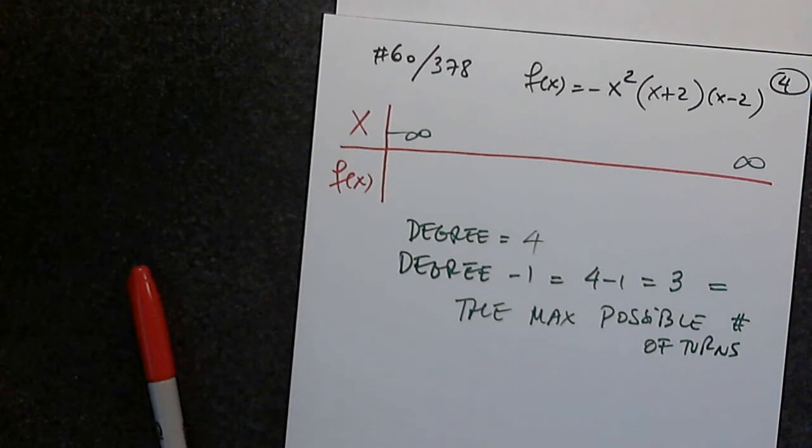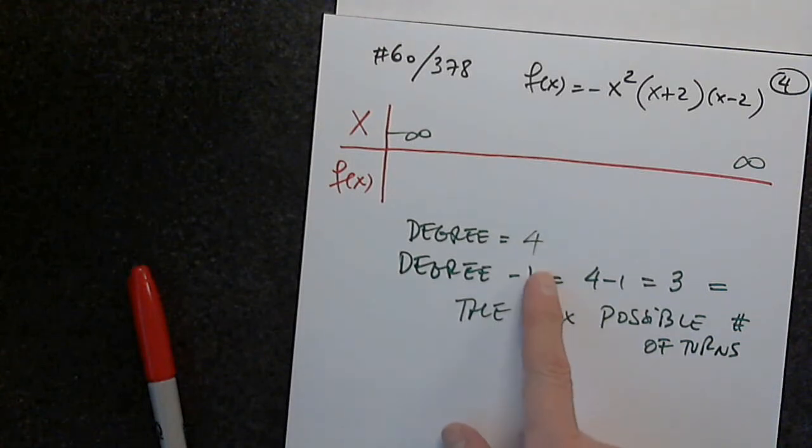Which means the function cannot have more than 2 turns, but it doesn't have to have any. Of course, if it's an even degree, it will have to have at least a turn. There's no choice. Because an even degree either comes from positive infinity going back to positive infinity, or it comes from negative infinity going back to negative infinity. But an odd degree doesn't have to have turns at all. Here's an example. X cubed does not have any turns.